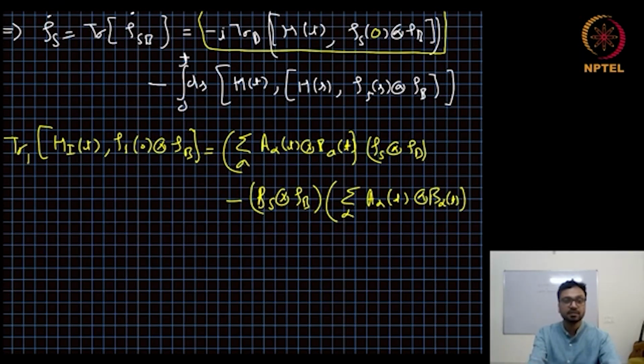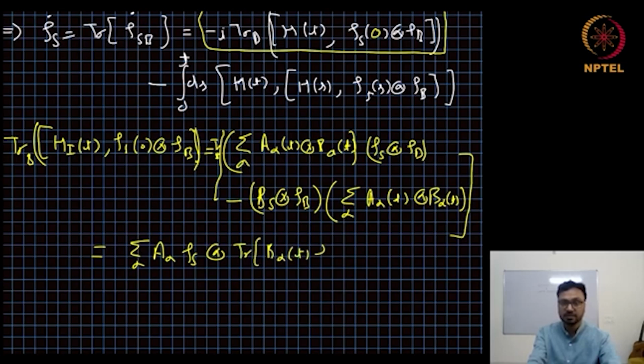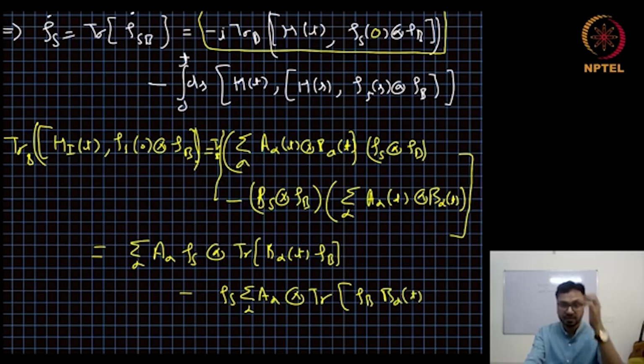And then we take the trace over the bath. When we take the trace over the bath, it becomes sum over alpha, A alpha rho S tensor trace over bath of rho B B alpha(t), minus rho S sum over alpha A alpha tensor trace of rho B B alpha(t).